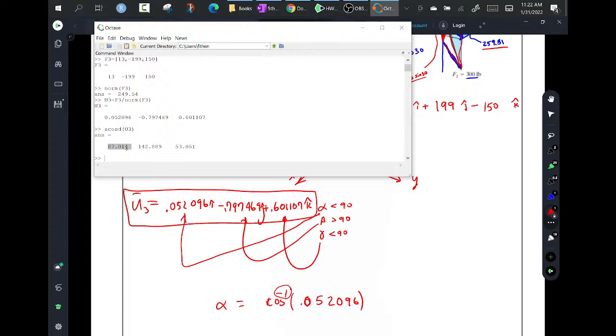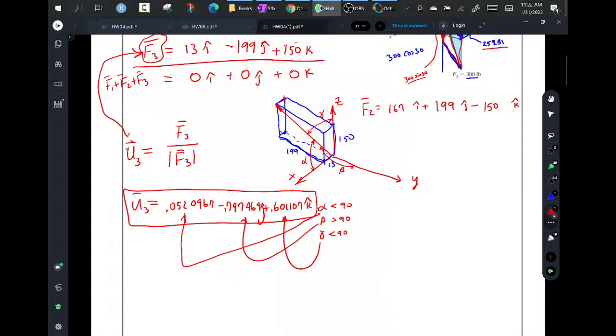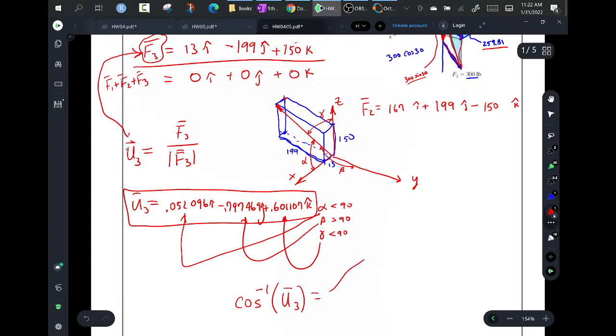And I can show you an example of that, but I'm tripping over my own words here. So what I will come back and do here is you can do this. Cosine inverse of U3, which is what I just did, and you can get your three angles out of there.